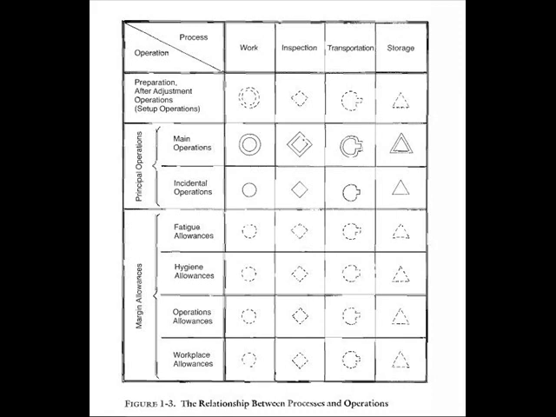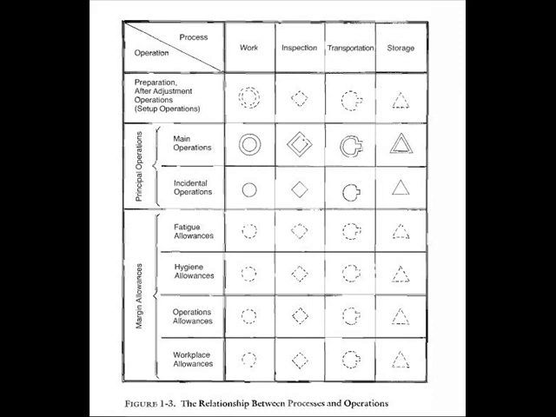Each of these operations, furthermore, has 4 subcategories: setup, essential, auxiliary, and margin allowance. Therefore, there are setup, essential, auxiliary, and margin allowance operations pertaining to work, inspection, transportation, and storage.